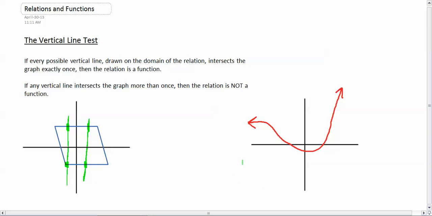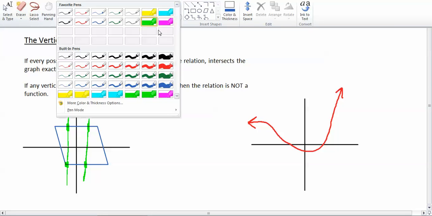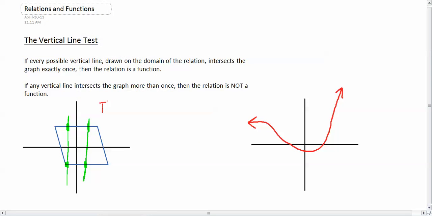Because there exists even one vertical line that I can draw that intersects the graph at more than one spot, we can say very safely and assuredly this is not a function because it fails our vertical line test.